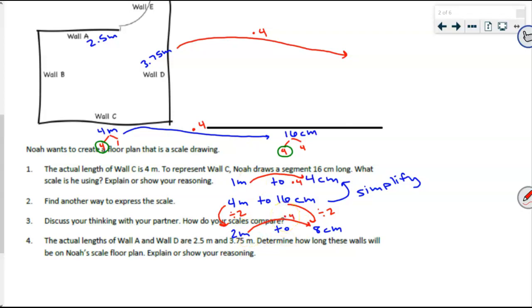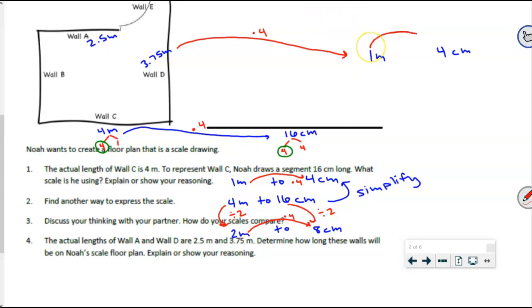We're multiplying by 4. Since we are seeing this relationship of them multiplying by 4, we can represent all of that with a ratio. So 1 meter is changing to 4 centimeters in our drawing. Focus just on that number part there. That number part is changing because that 1 is multiplying by 4 to become a 4.